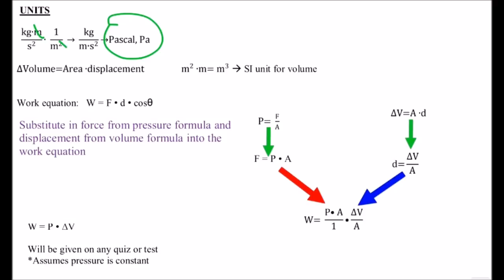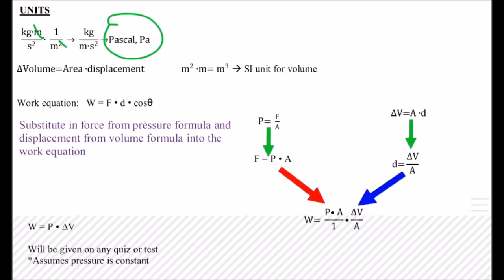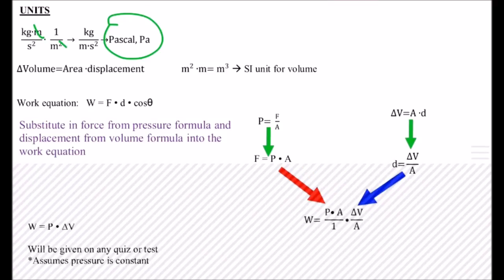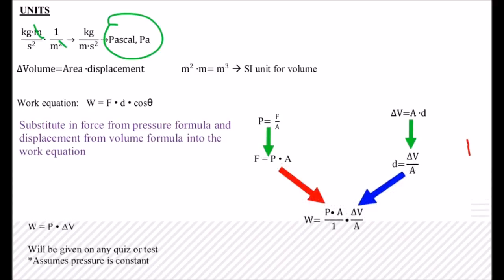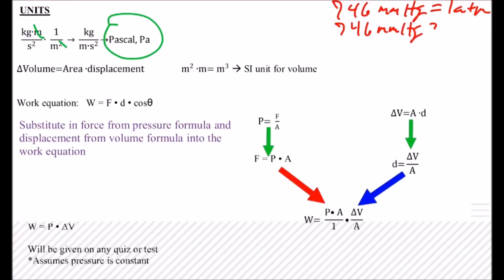Remember from chemistry that we had some conversion factors for units of pressure, so let's rewrite those. We have 746 millimeters of mercury is equal to 1 atmosphere. We have 746 torr, excuse me, not millimeters of mercury, torr, is equal to 1 atmosphere.